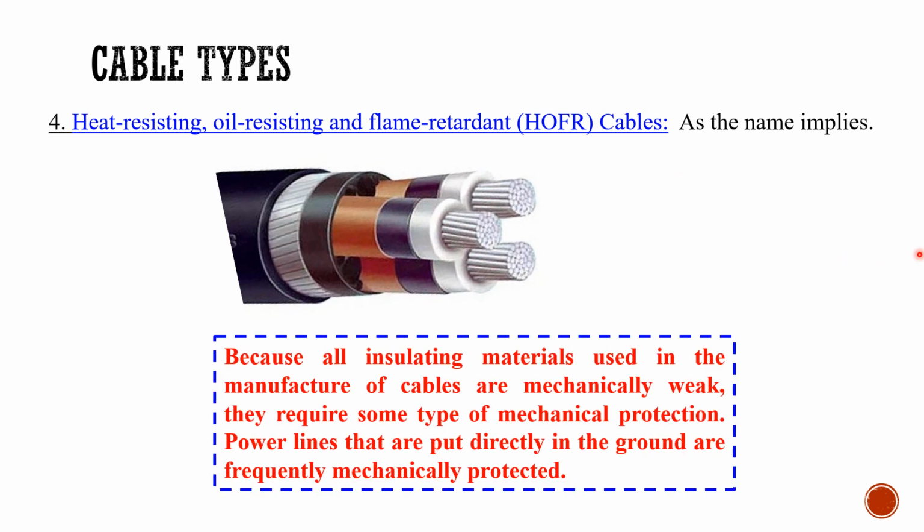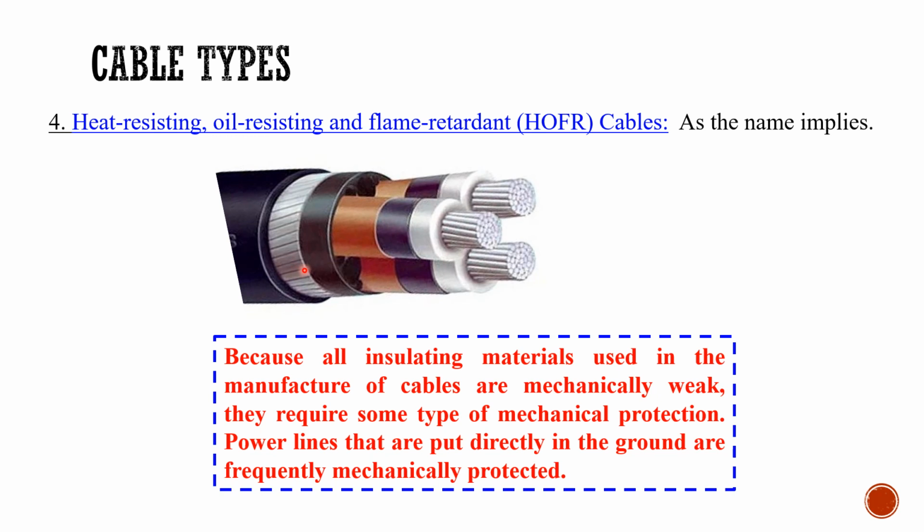Because all insulating materials used in the manufacture of cables are mechanically weak, they require some type of mechanical protection. Power lines that are put directly in the ground are frequently mechanically protected. Apart from the normal insulations, you can see in this figure a layer of steel.